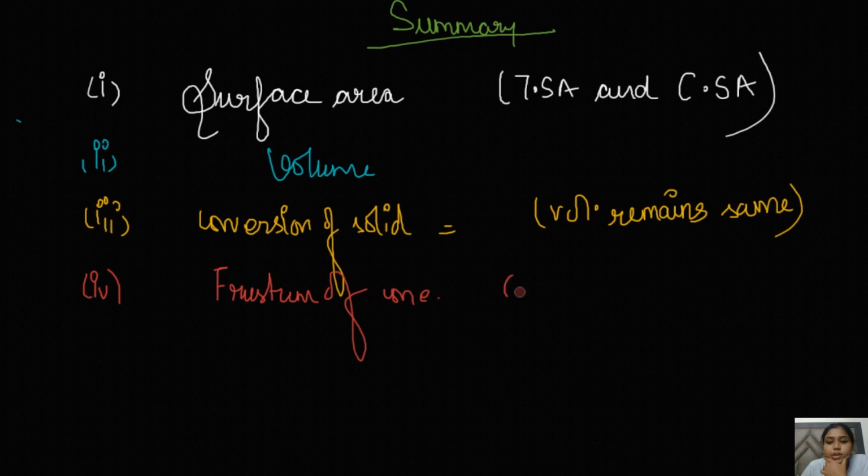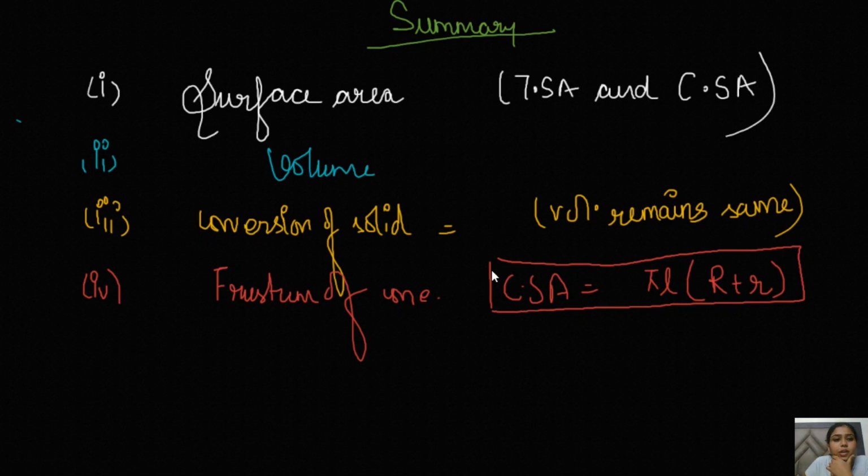And the CSA for this particular is pi L, and I'm writing it and not writing other formulas because this is new for you. Other formulas you're already aware of from class 9th standard, that is why I'm not writing here. You can just go through all the tables and you will be reminded, you will remember what they are. Total surface area is basically pi L (R plus r) plus pi R square plus small r square.